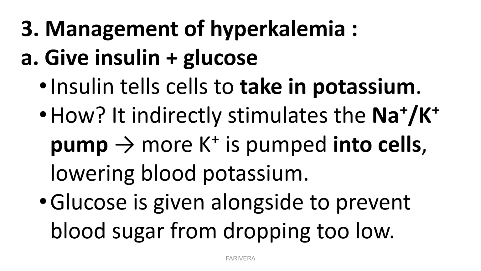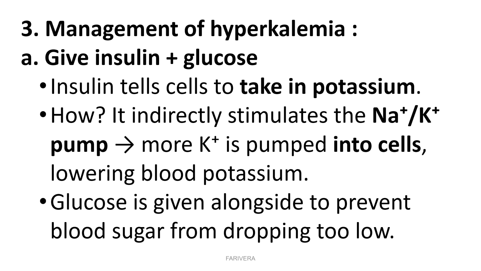So the management example continues. Insulin stimulates cells to take in potassium. This promotes movement of potassium into cells, reducing the potassium concentration in the blood. Because insulin also reduces blood glucose, glucose is administered together with it to help prevent hypoglycemia.